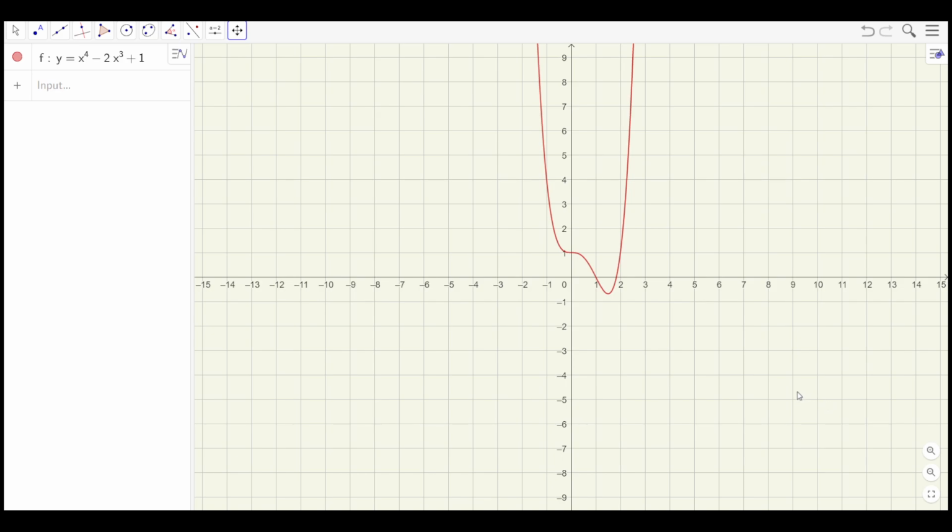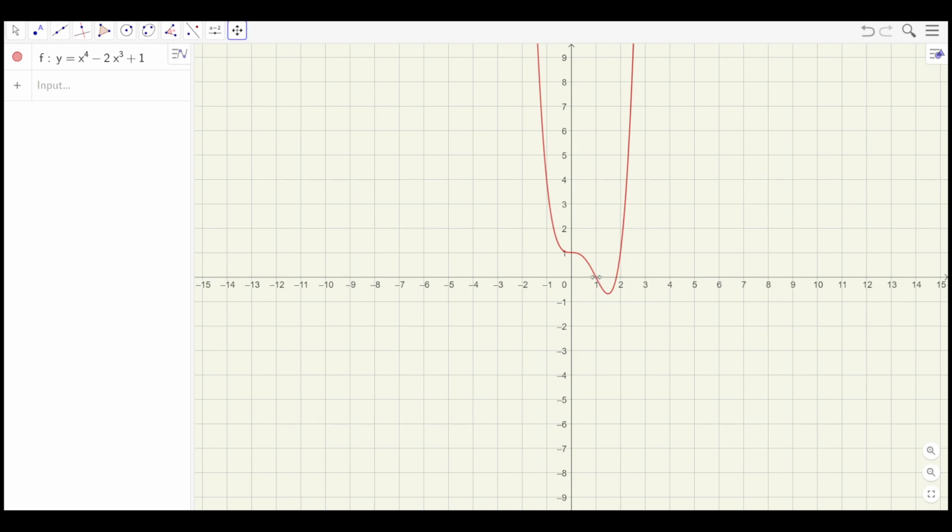And then which points are crucial here? 0 and 1. So you see that here is 0 and here is 1. Can you feel that this is happening? When I go to the left side of 0, you see the behavior of the function is always concave up.